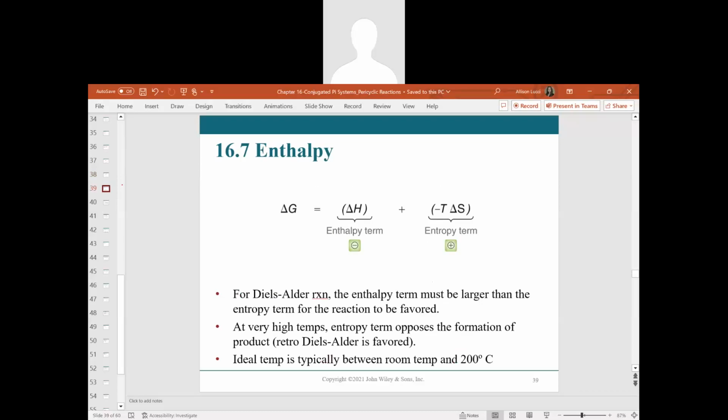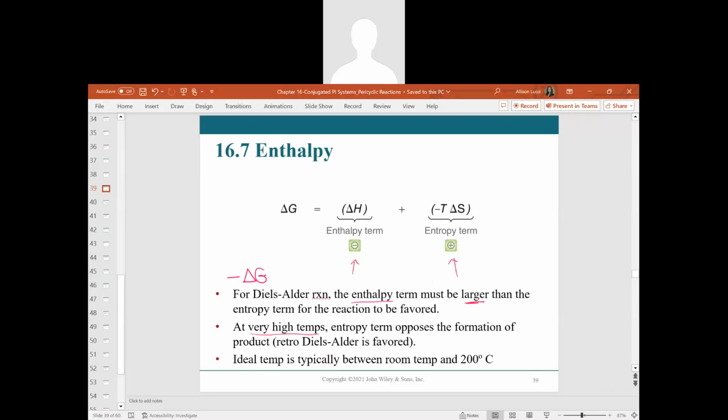So now that we've discussed these 2 terms, if we see a negative enthalpy term and this competing entropy term here, we should note that the enthalpy term must be larger than the entropy term for the reaction to be forward favored. Therefore, we would have again, if you recall, a negative delta G value, and we know that a negative Gibbs free energy is interpreted as a spontaneous reaction in the forward direction.